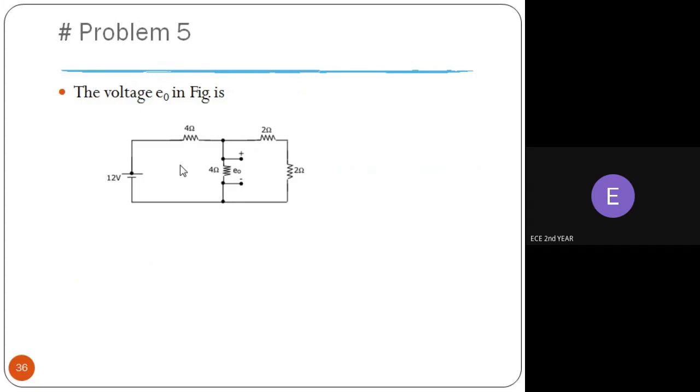And the next problem is voltage. We need to calculate the voltage E0 in the given figure. Concentrate on the circuit diagram: 4 ohms, 2 ohms, all excited by the voltage 12 volt. This is considered as loop 1 and this as loop 2. We need to calculate the voltage across the 4 ohm element, which is E0.